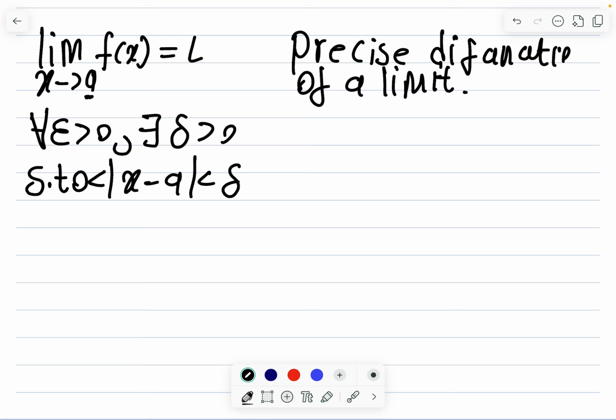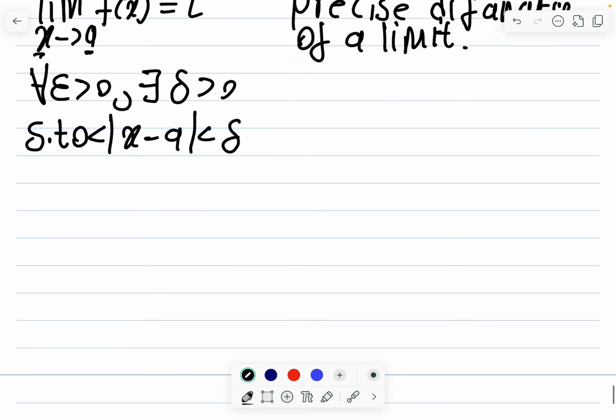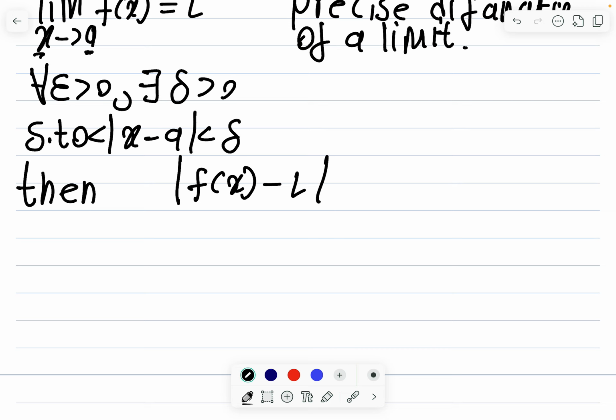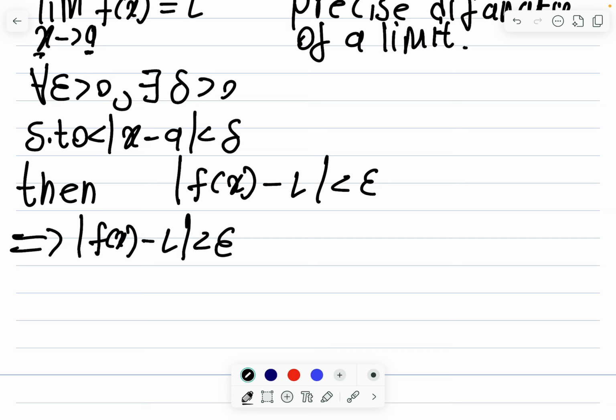This a can be any value, and this is x. Understand? Then the absolute value of f of x minus L is less than epsilon.